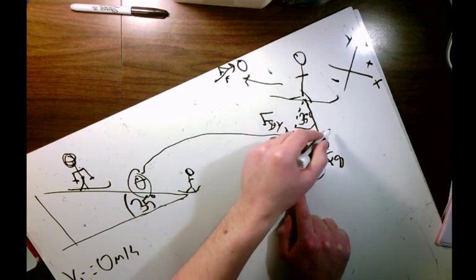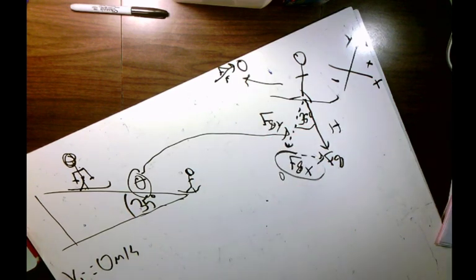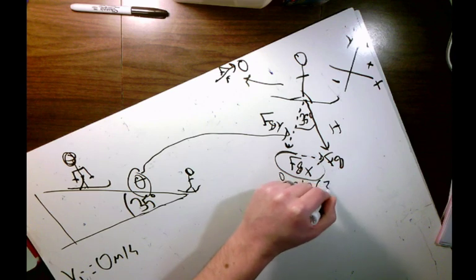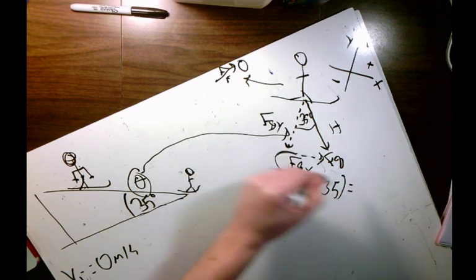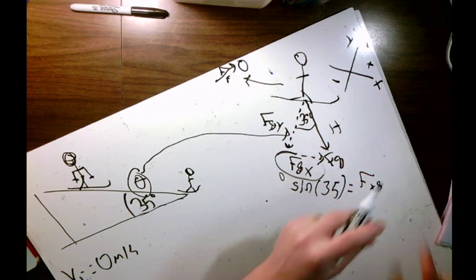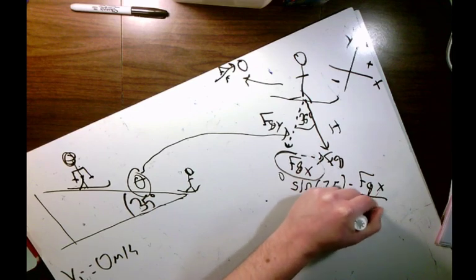Our hypotenuse would be force of gravity. So we're going to use our sine function. So sine of 35 is equal to our x component, Fgx, divided by Fg.